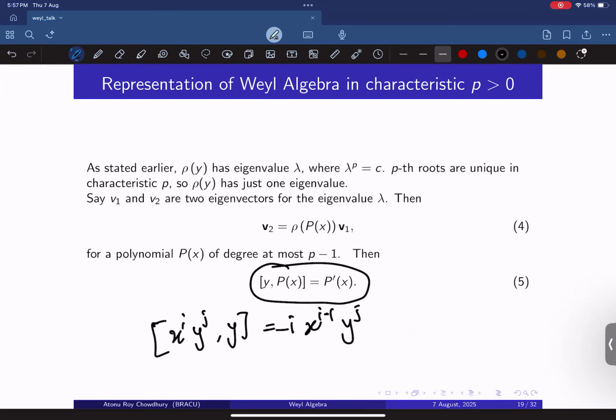So if we have a polynomial in x, there are only powers of x and linear combinations of those, right? So the value of j is 0 in those cases. And if you move y to the front, you capture another minus sign which cancels out with this. So you understand that this must hold: the commutator of y and some polynomial in x has to be equal to p prime of x. Now, how is this relevant?